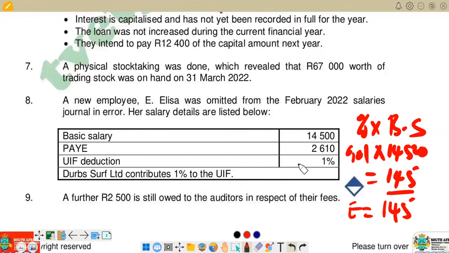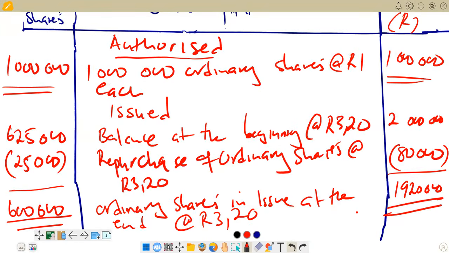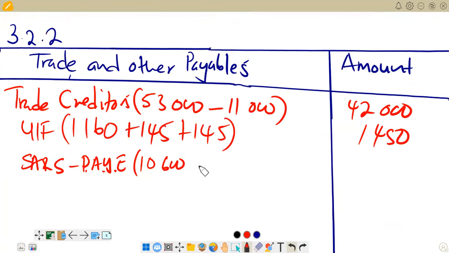The one that was omitted is this one, 2,610. So we add 2,610 to the figure that we are given there. So here we are now saying plus 2,610. And obviously, if you add the two, you get 13,210.